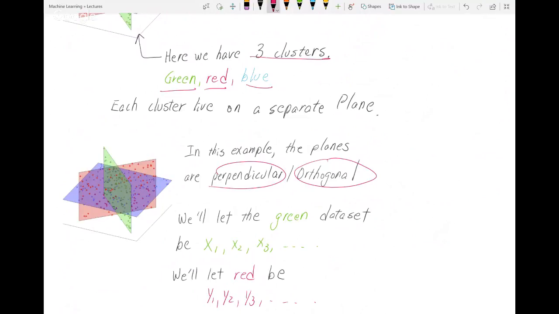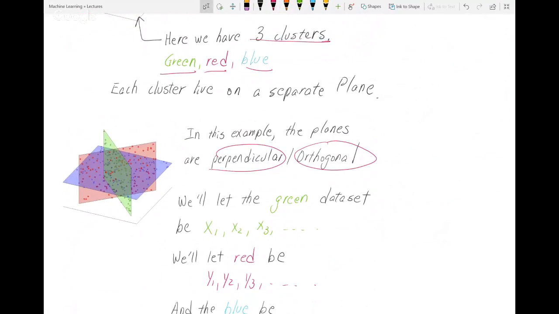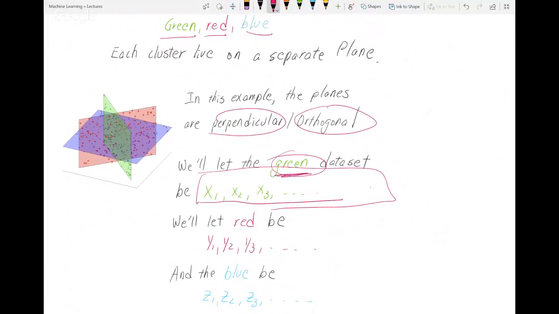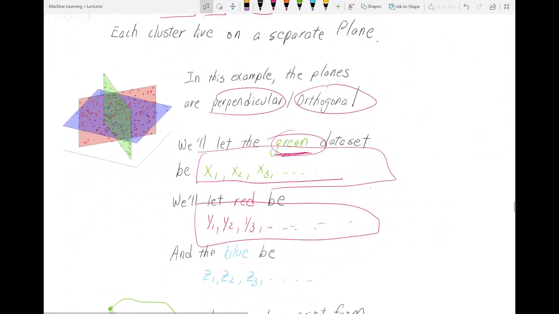So we'll let the green data set be x1, 2, 3, and on. For the red data sets, I'm going to call them y1, 2, 3, 4, 5, and it keeps going. And for the blue, I'm going to call them z.